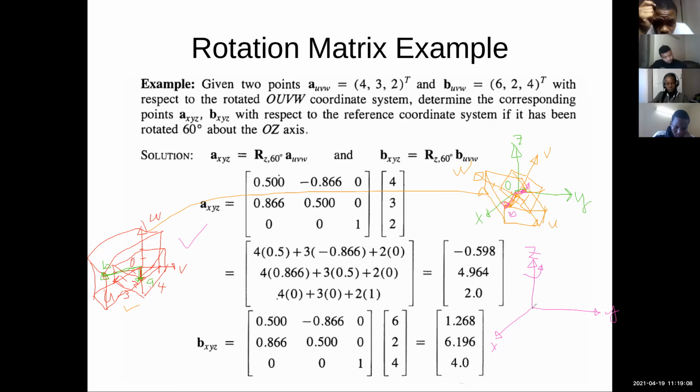Let's say, what is 60? 60 is more than 45, so it will be here. X, okay, this is your new X, but the new X is your U, okay? That's how it is being rotated. And this one, I should color it another color.